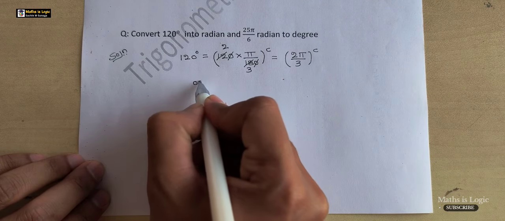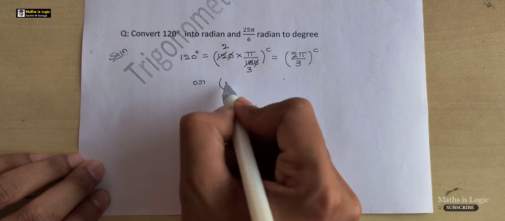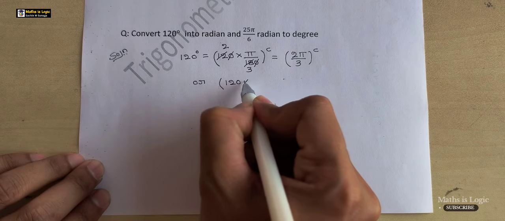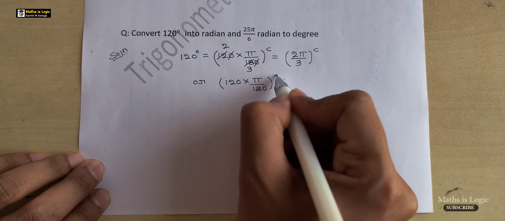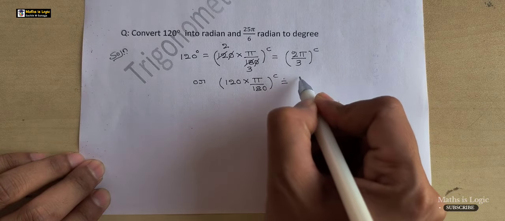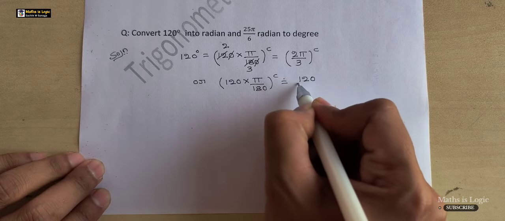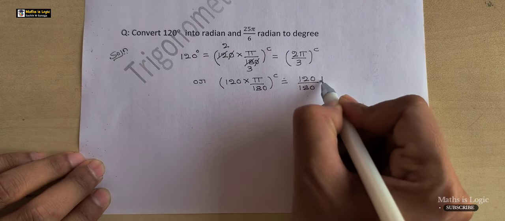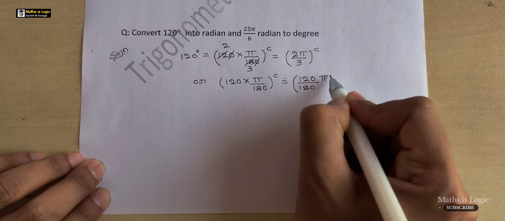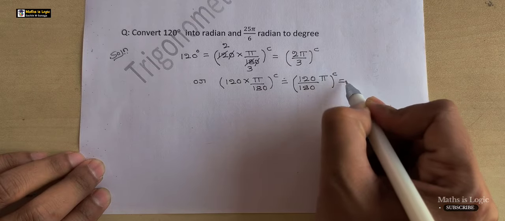Otherwise you can do like this also. 120 multiply by pi divided by 180, which is equals to 120, keep it as it is, divided by 180 into pi radian.